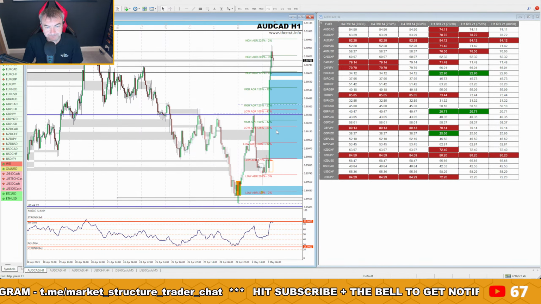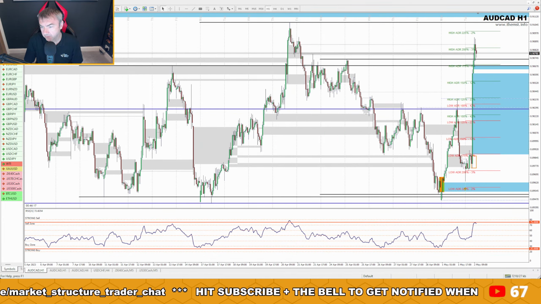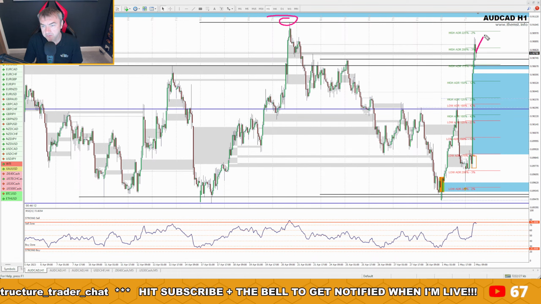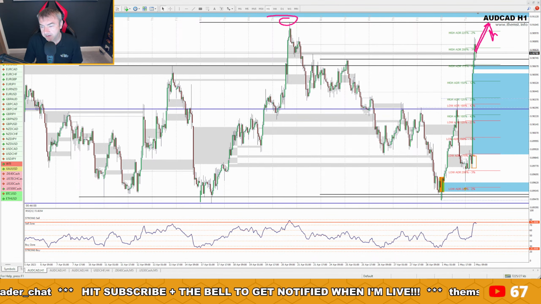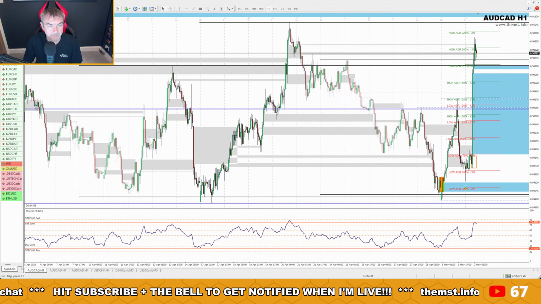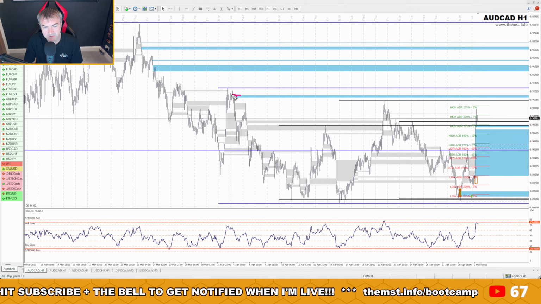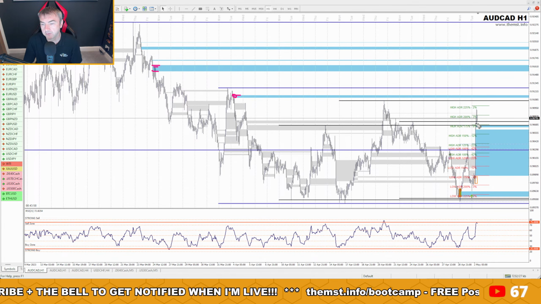Aussie dollar CAD. So we've got a previous high here on the Aussie CAD. That's two weeks ago high up there. So potentially that is where we're going to look for a bounce. We've got a previous propulsion gap up there as well. Well, that's kind of tested. That one's probably the more solid of the two.